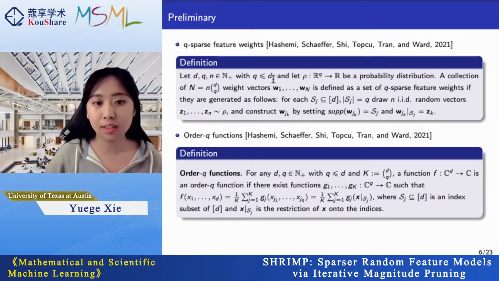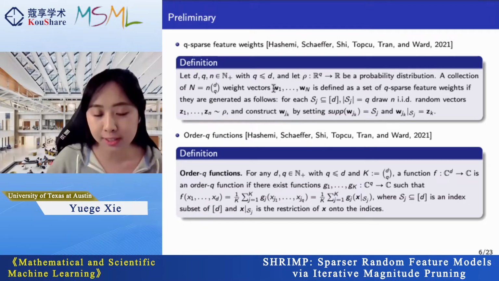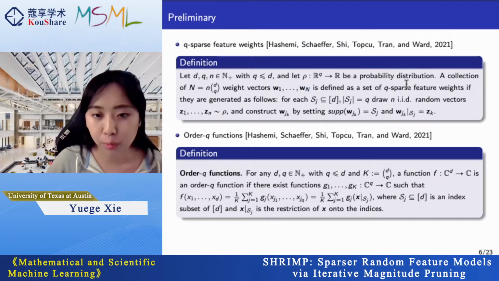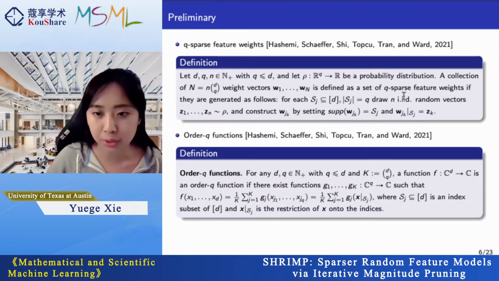As we mentioned, if our weight vectors are W1 to Wn and we have support on each coordinate, we have the dense feature. But if we only sample Q coordinates of this weight vector, we call it Q-sparse feature weights.